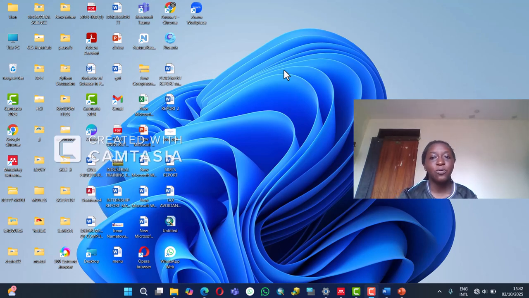Computers are electronic devices that can store, process, and output information. They consist of two parts, the hardware and the software. For the software, we have Microsoft Word, PowerPoint, and these are some of the icons.